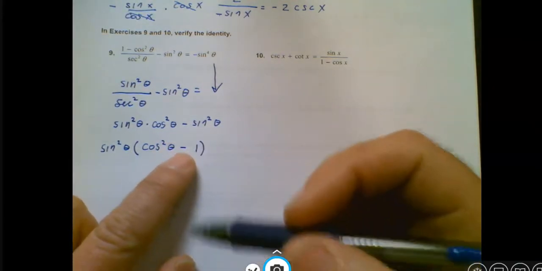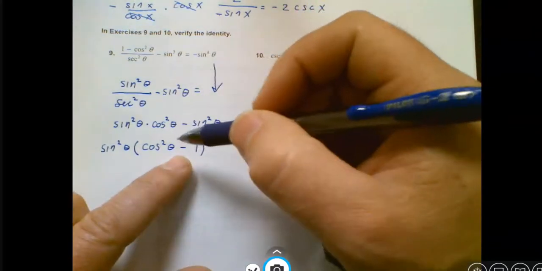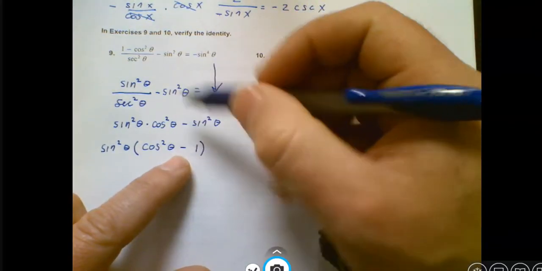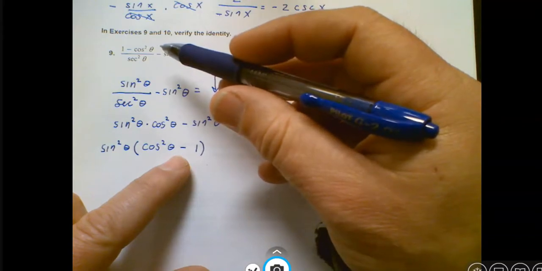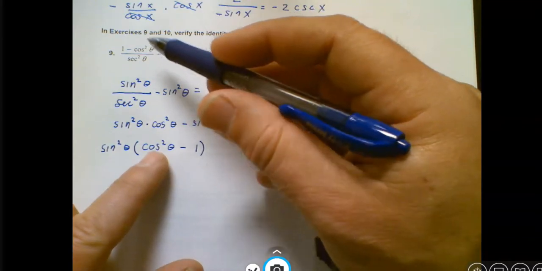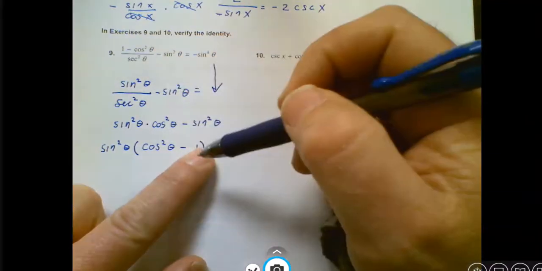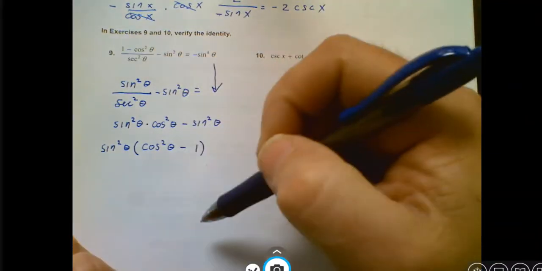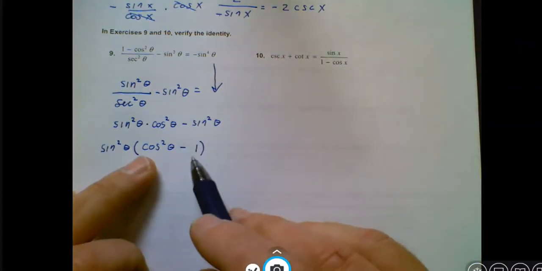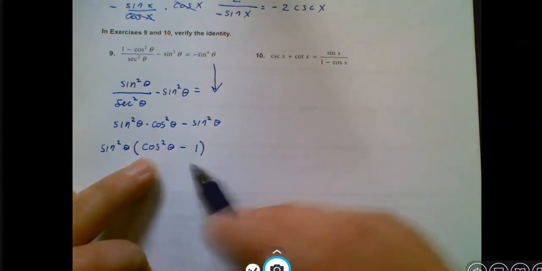Whenever you want to change the signs on this, because cosine squared minus 1 isn't really the formula, 1 minus cosine squared is. And so I really want this to be the negative and my 1 to be the positive. And so I need to be able to change my signs. So one of the other things we could do on this is factor out negative 1.